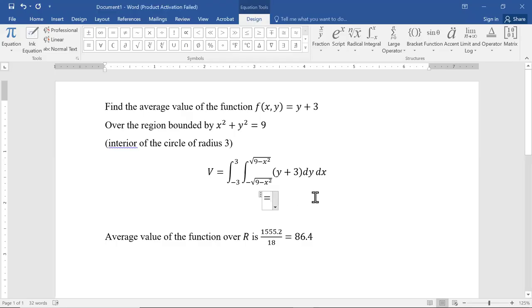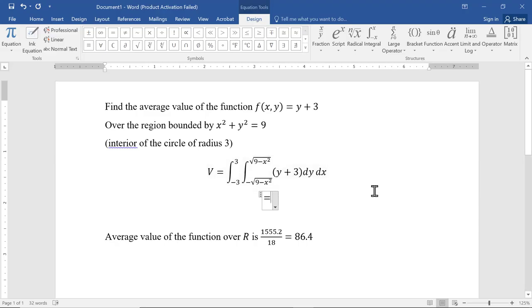All right, so again, we're going to utilize some of the stuff we did earlier. The value we already calculated because we've calculated this integration. We've integrated y plus 3 with respect to y from negative root 9 minus x squared to positive root 9 minus x squared. Again, that's with respect to y. And then with respect to x from negative 3 to positive 3.